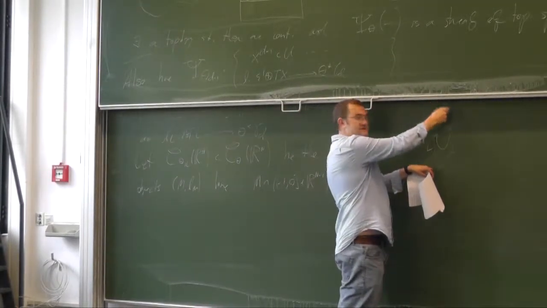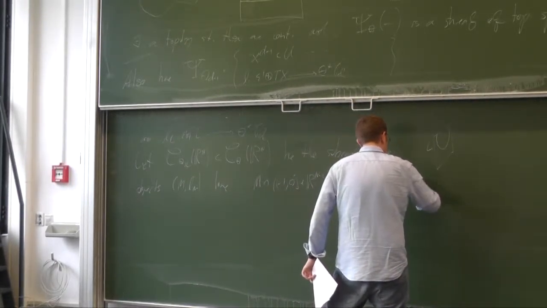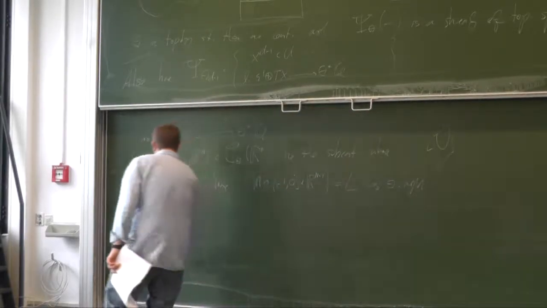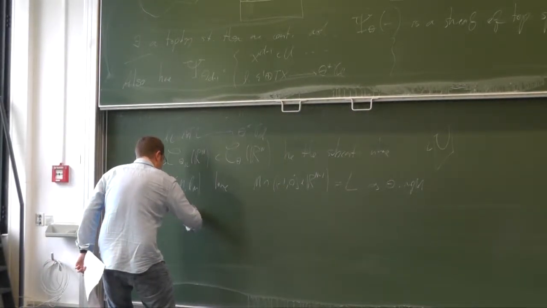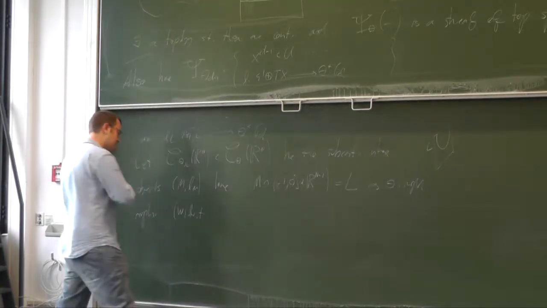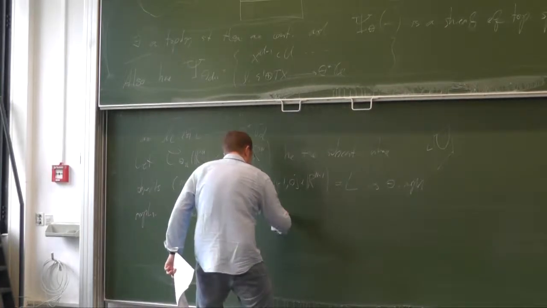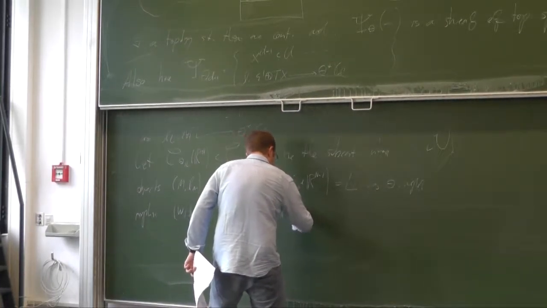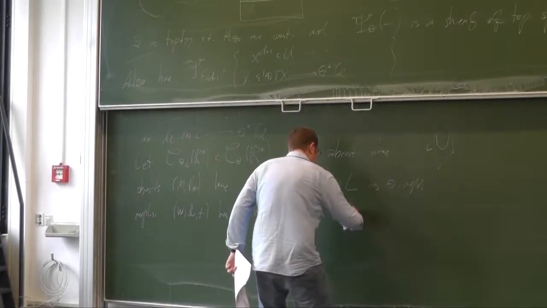So everything else is contained in the upper half space, as theta manifolds. And similarly, morphisms W, remembering the length, have W intersect the lower half space equal to L cross R.